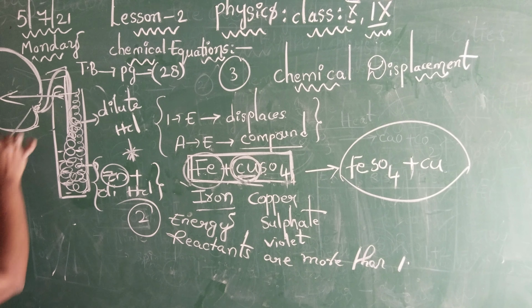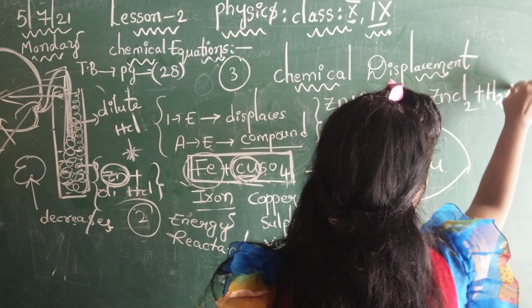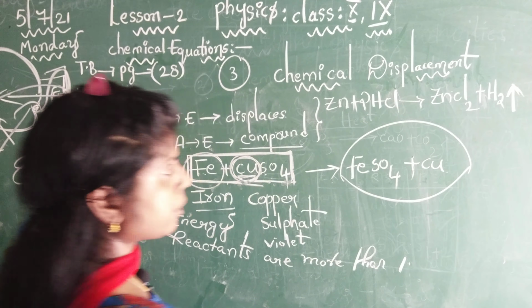Zinc plus two molecules of hydrochloric acid gives rise to zinc chloride plus hydrogen gas liberated. Place the arrow mark. Definitely you have to place the arrow mark. Zinc plus two molecules of hydrochloric acid react, and finally we get a new product, zinc chloride, in such a way that hydrogen gas is liberated.